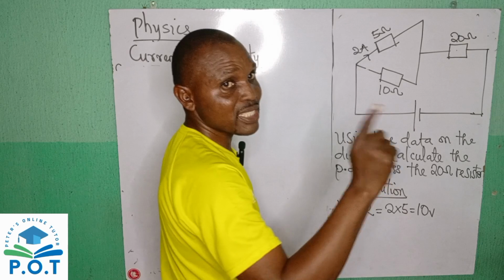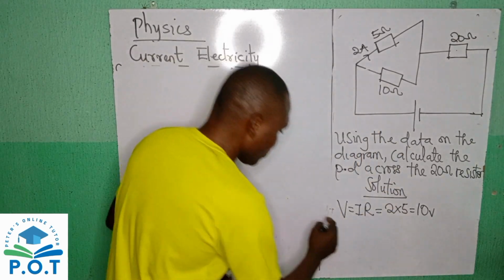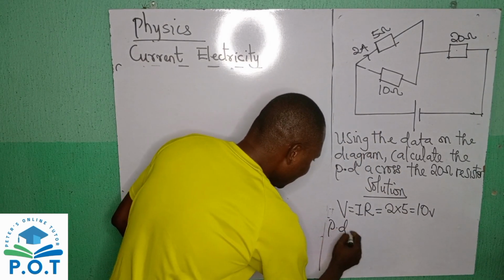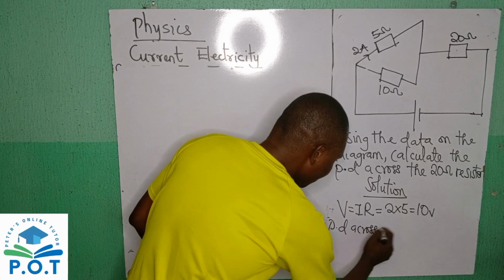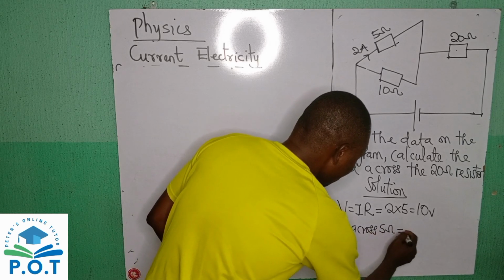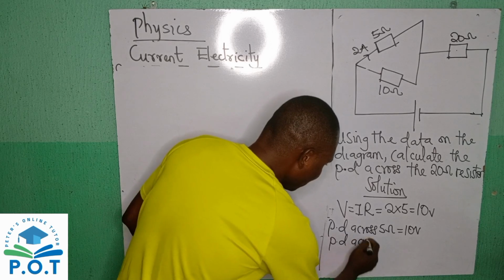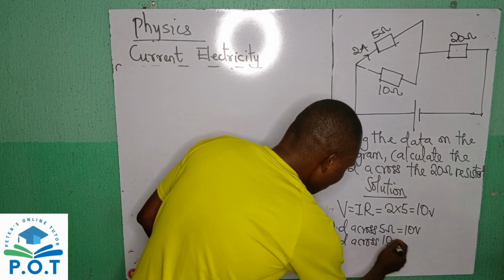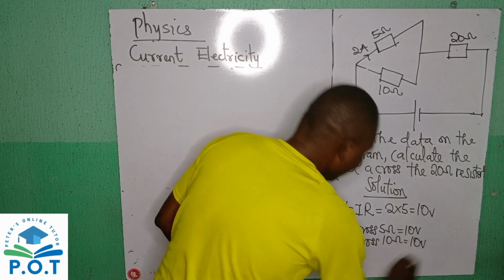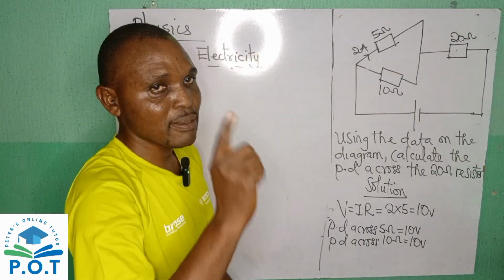It is still the same PD across what? 10 ohm. So the potential difference across 5 ohm is 10 volts, and the potential difference across 10 ohms is also 10 volts. Why? They are both in parallel.